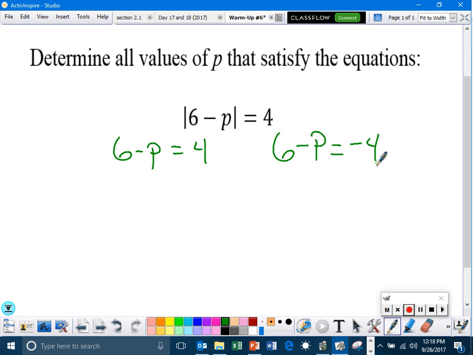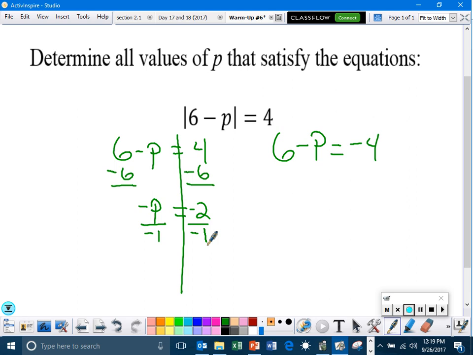All right, solve both of them. Remember, you cannot stop with a negative variable, so you need to get rid of the negative. So one solution is 2.